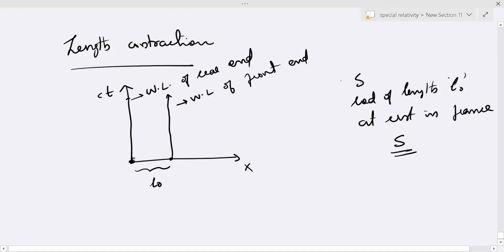Now you can also draw the coordinates of S prime. Let me say that he's moving at a very high speed. This is CT prime.